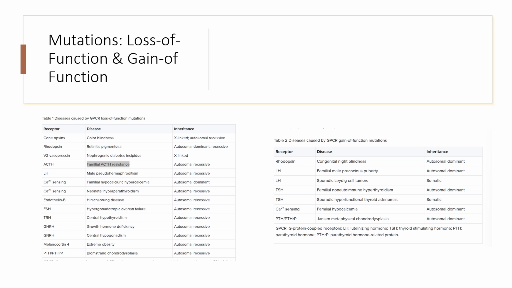On the right-hand side are diseases caused by a gain of function of this mutation. The example that's given is a disease caused by a loss of function, and that is associated with the V2 vasopressin receptor, which will be discussed in the next slide.